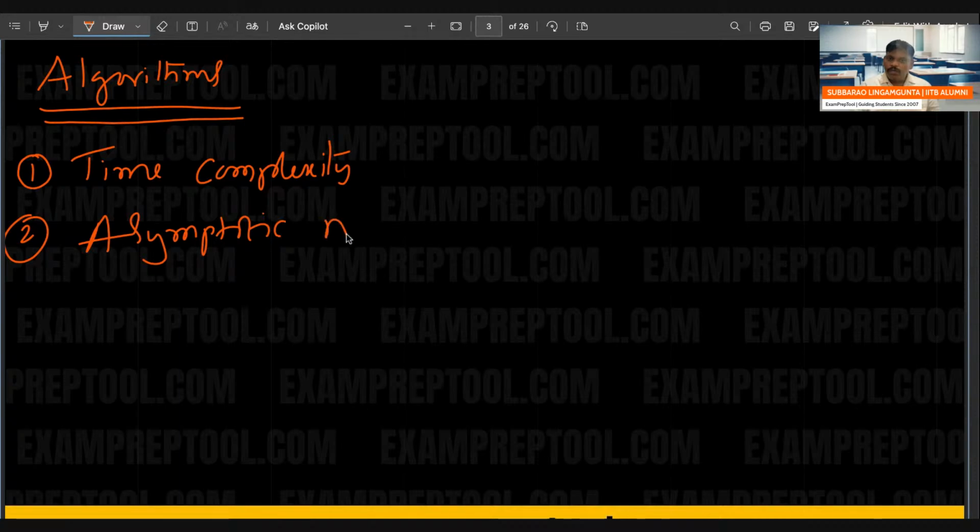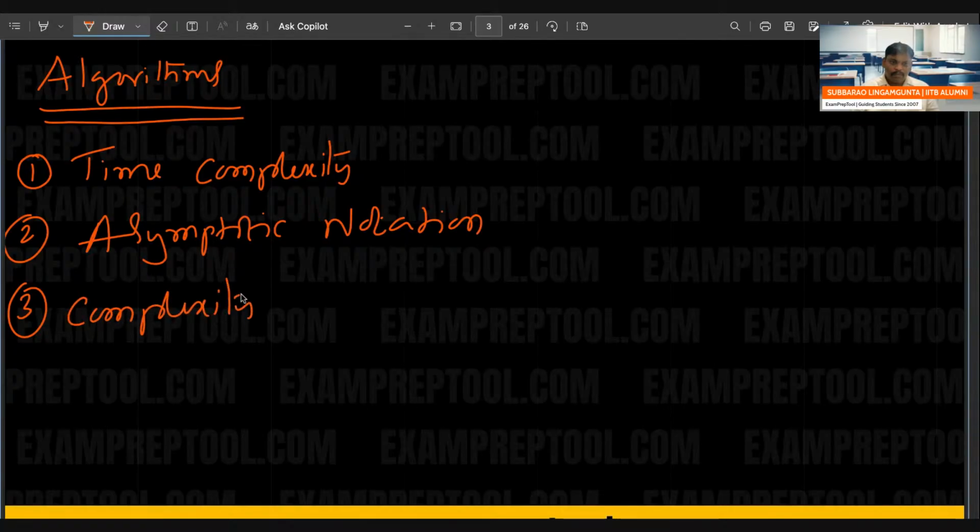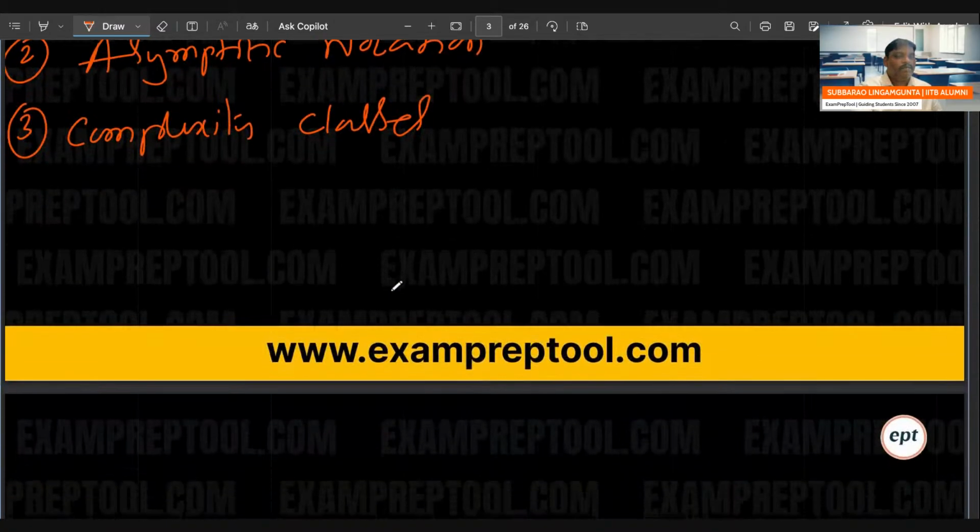Third one, after asymptotic notation, is complexity classes.